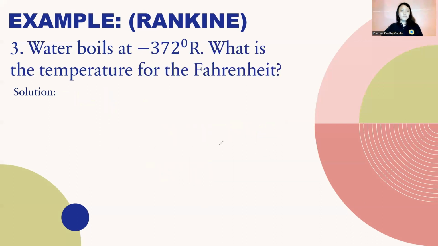Number 3. Water boils at negative 372 degree Rankine. What is the temperature for the Fahrenheit? So ito na guys, hinahanap na dito yung Fahrenheit imbes na Rankine. So, ang formula natin is, pakitandaan po, ang Rankine scale is 460 and sa Kelvin kanina is 273.